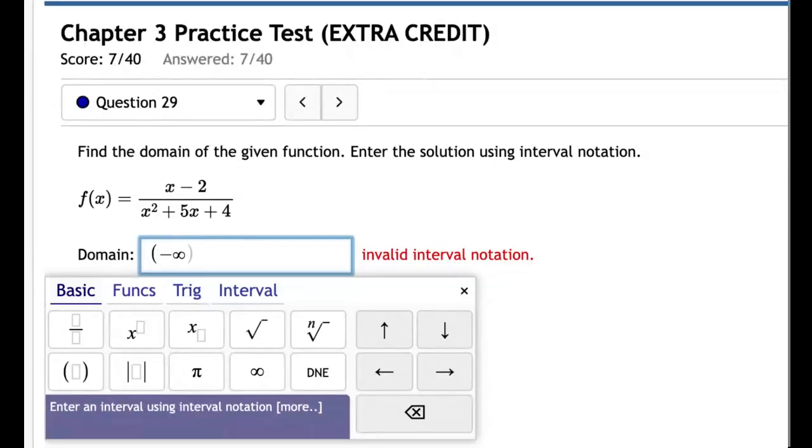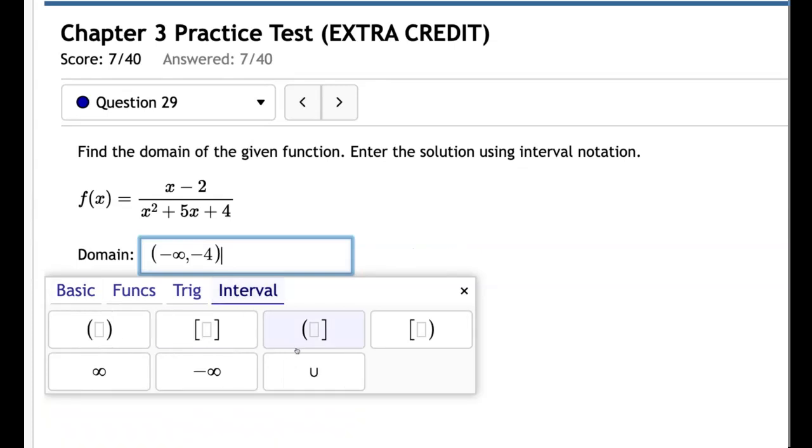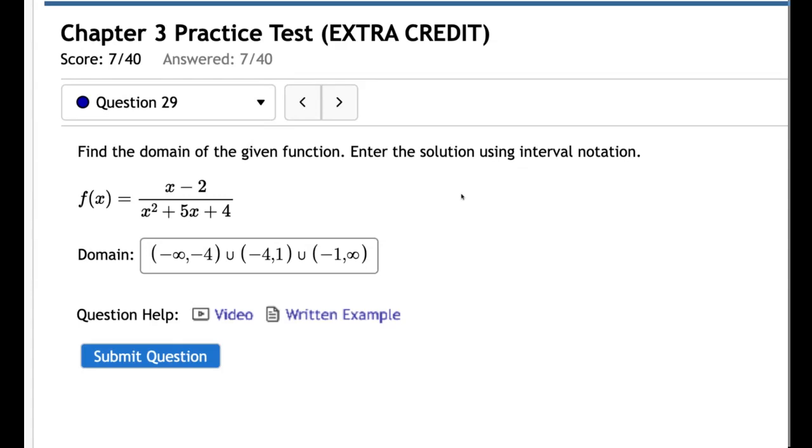Oops. See, it says syntax incomplete. So going into my interval, putting in U. It's still saying that, but it's because I'm not done. You forgot the negative.